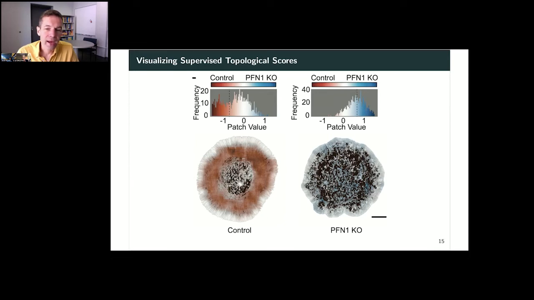In fact, the part of the cell that was used by the classifier was not on the leading edge. On the image on the left, we see that the parts that give it the strongest score are not on the very leading edge of the cell where we see the actin filaments most strongly, but a little bit further in. So the biologists found this useful for suggesting hypotheses for further experiments.